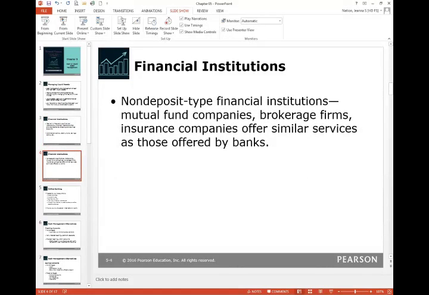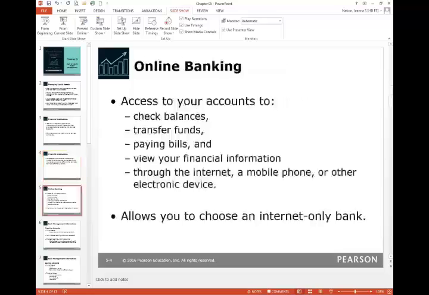And then there are some non-deposit type financial institutions that you could invest in as well, such as mutual fund companies, brokerage firms, sometimes insurance companies. They could, with a certain deposit amount, offer you checking and savings account privileges, but also earn a very low rate of return and be considered a liquid asset. So really it's about personal preference there.